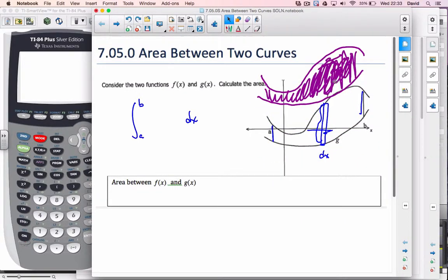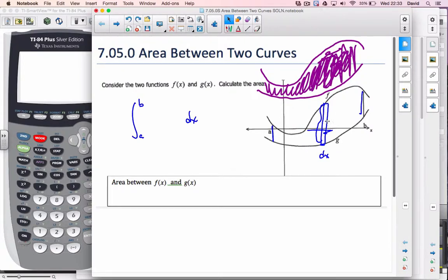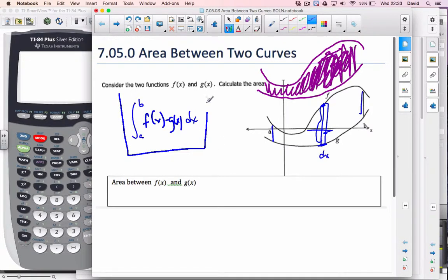It doesn't matter where it is. And so I'm concerned with this height, and that height is purely going to be the upper function f of x minus g of x. So it's the upper minus the lower, and that's the area between two functions. That's what I do, upper minus lower.